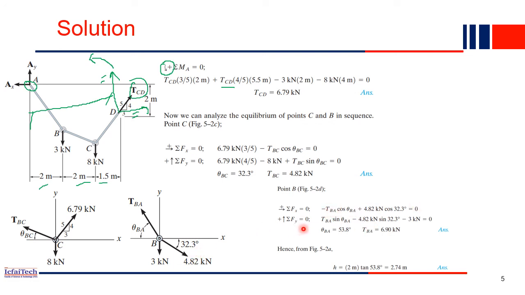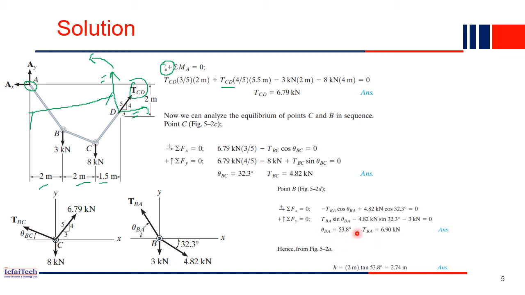Another equation is summation of all vertical forces equal to 0. So we have two equations and two unknowns, TBA and theta BA, and easily we can compute the values.